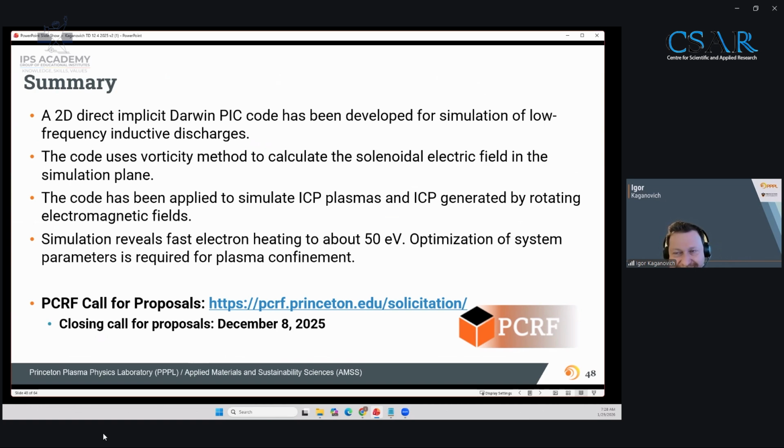Regarding that magnetic field that you applied transverse to the CCP, do you think it is practically realizable in the semiconductor industry? Right.